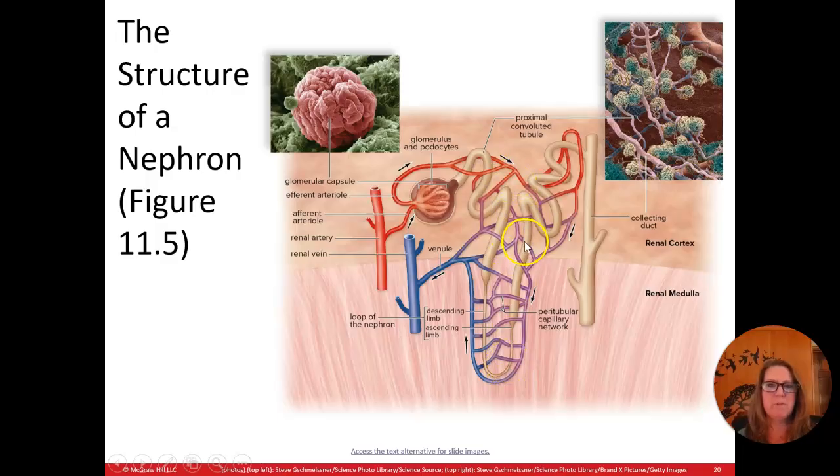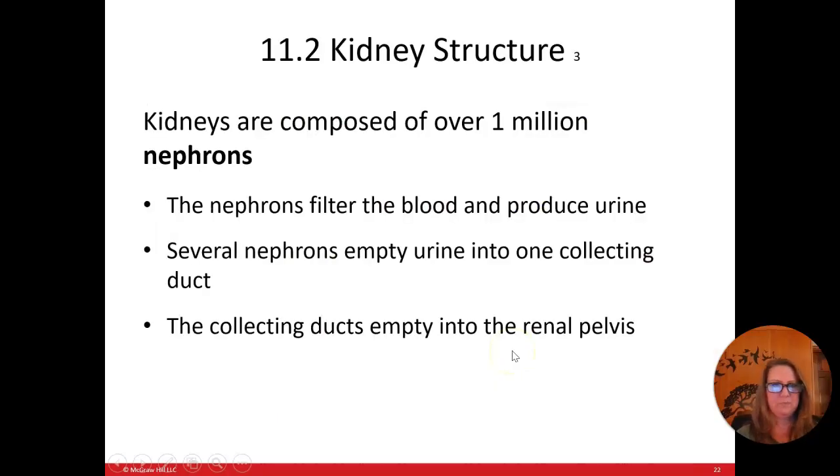So before we commit this blood to just going back through the venule and eventually to the vein, we want to be sure about what we're actually going to be excreting. So we want to take a look at what's going on along these proximal and distal tubules and the loop of Henle.